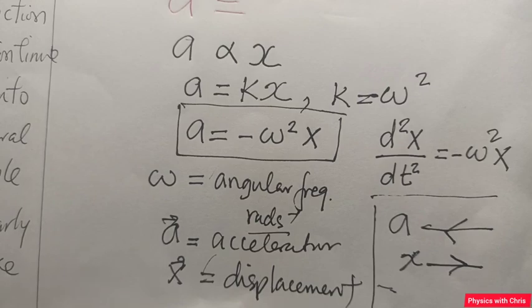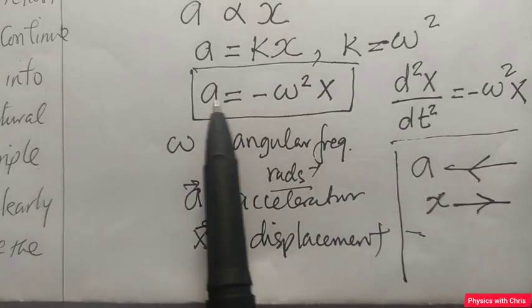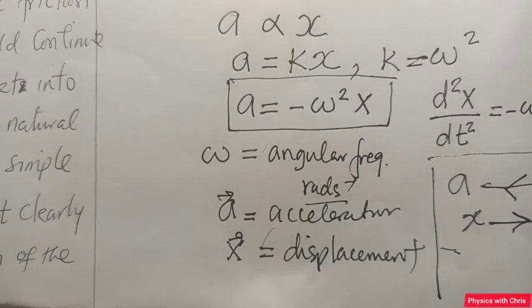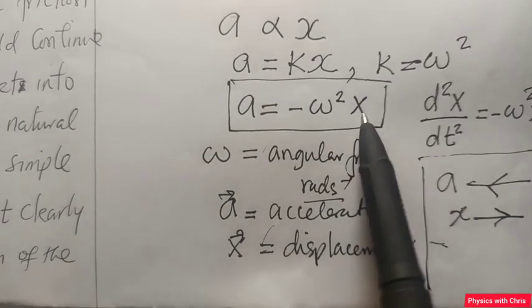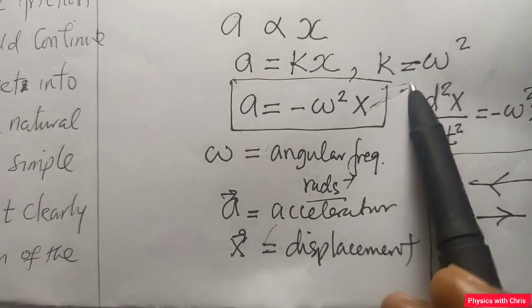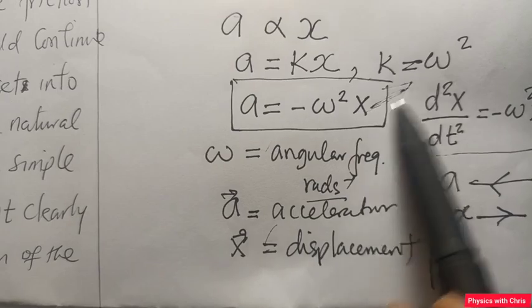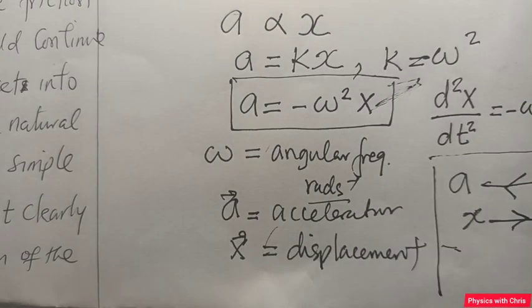Now let me come back again to look at this acceleration. Acceleration here is directly proportional to displacement. That means as the displacement increases, the acceleration should increase by a certain constant amount. The acceleration should not stay constant.